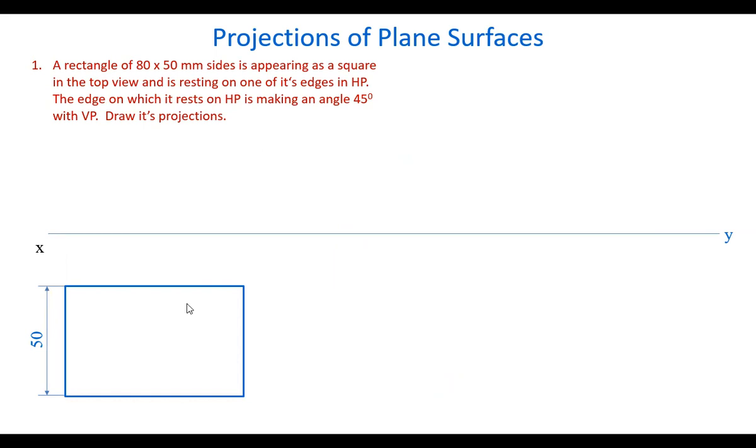So this rectangle appears like a square only when these longer edges, say which is 80 mm, appear to be of only 50 mm, shorter. That happens only when these lines are making an angle with HP. So these lines are making an angle with the horizontal plane. That is possible only when this surface is making an angle with the horizontal plane.